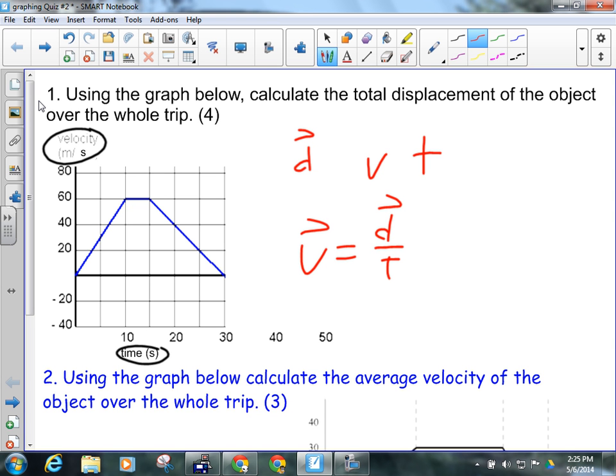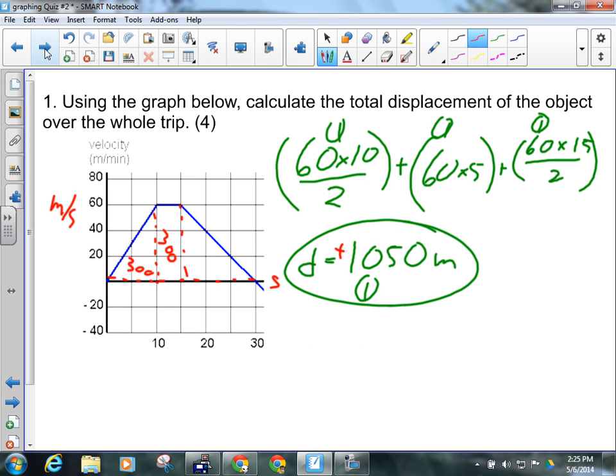I have to think about how I would use these 2 things to get D. The answer is I would multiply them together. If I've got velocity here and time here, I should multiply them together. That means finding the area underneath this line. That will tell me the overall displacement of this object over the entire trip.